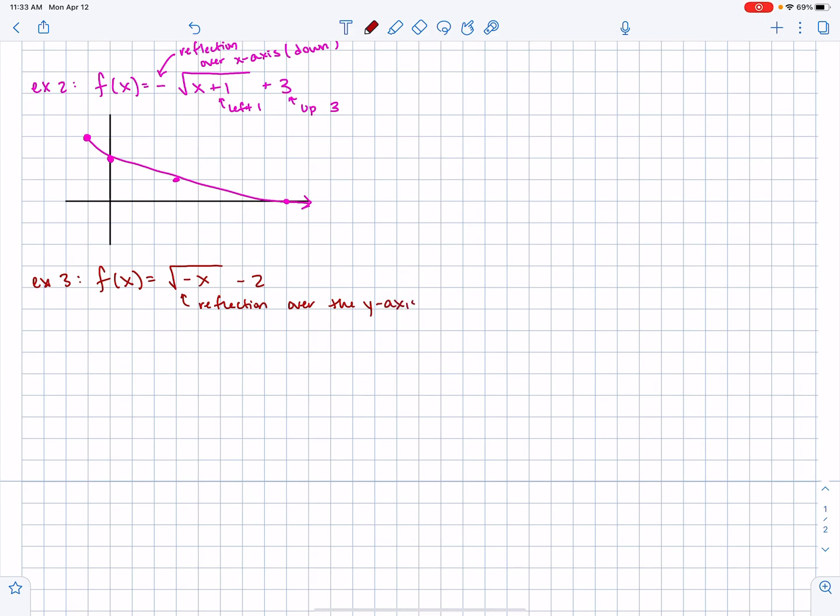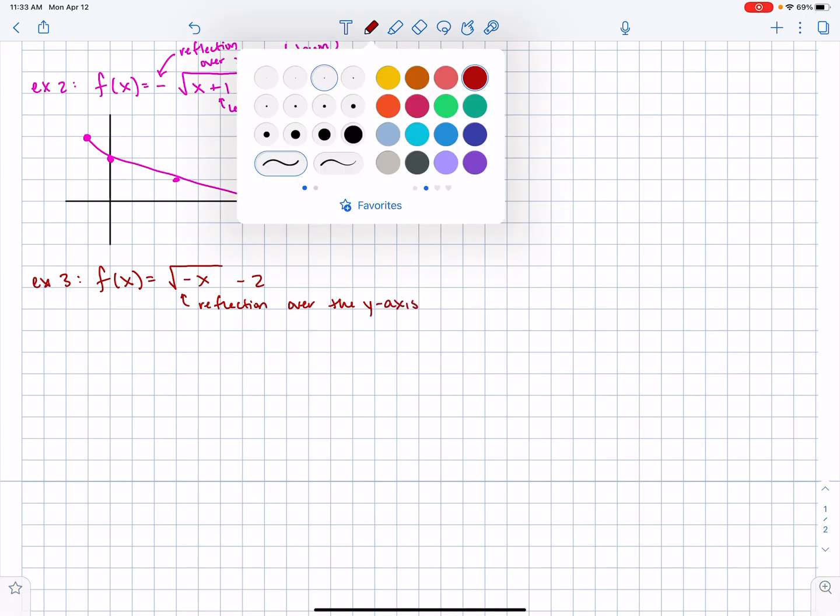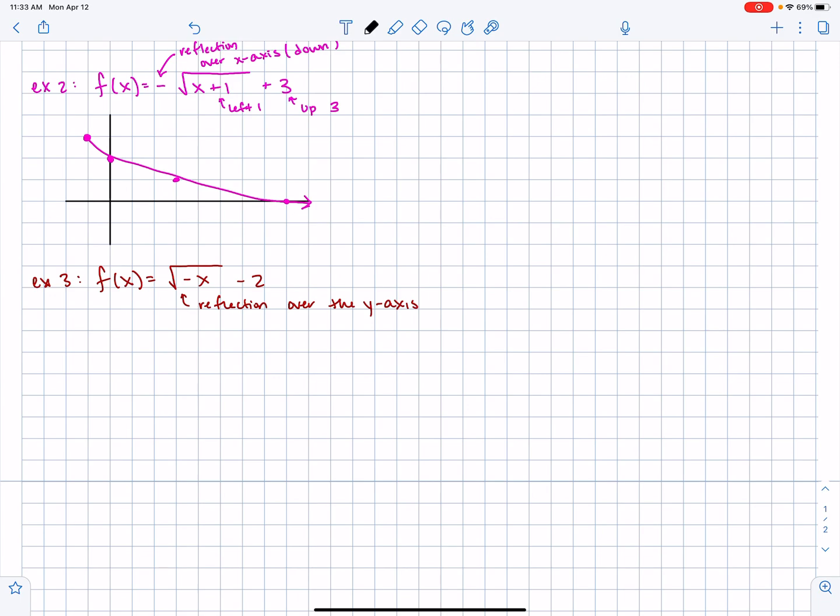And we haven't worried about it before because with a parabola, or all the functions that we have looked at, it doesn't really matter if they were reflected over the y-axis because it just looked like a mirror, right? A parabola had the same going on the left that it had going on the right. But with a radical now, it doesn't look the same on the right as it does on the left. So we're going to reflect this over the y-axis.